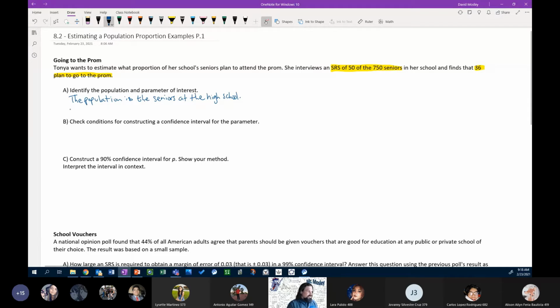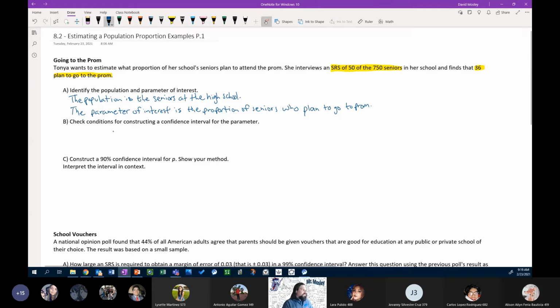The parameter of interest is the proportion of seniors who plan to go to prom. So again, I've answered the question. I wrote complete sentences. This is good.